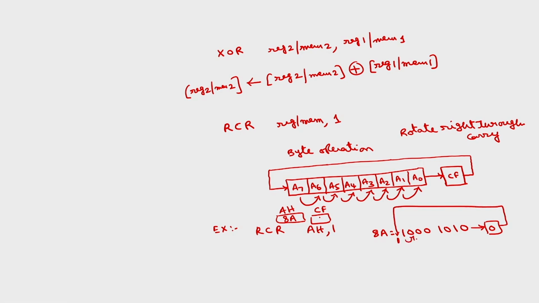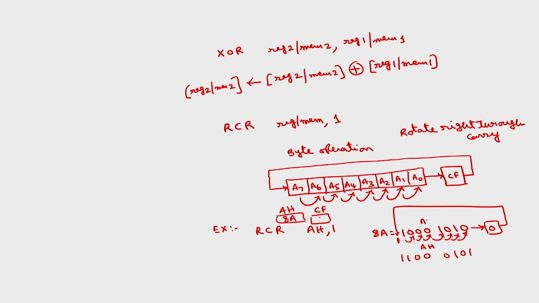So, this will move here, this will move here, this will move here, this will move here. So, like this. What will be contents now? After this, this becomes 1100 0101. The last 0 has been entered into this carry flag. This will be contents of AH.